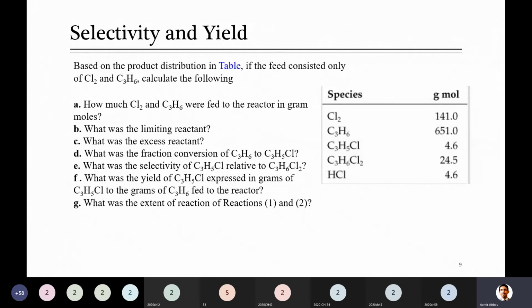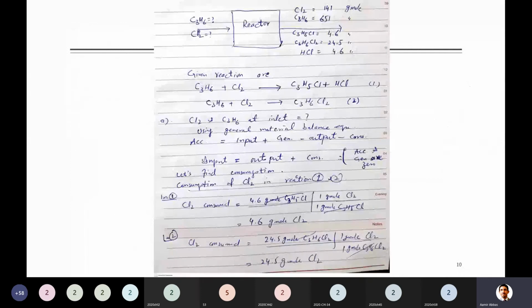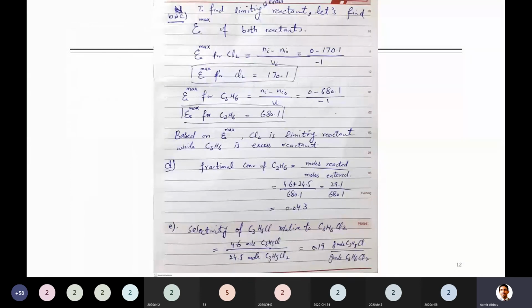Because we just studied at the start of this lecture what selectivity is, this is the ratio between the moles of desired product and undesired product, and he didn't mention desired or undesired here; he directly told you to take the selectivity of C3H5Cl with respect to C3H6Cl2.